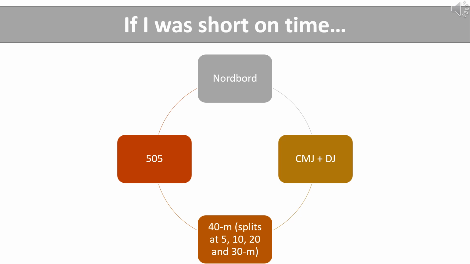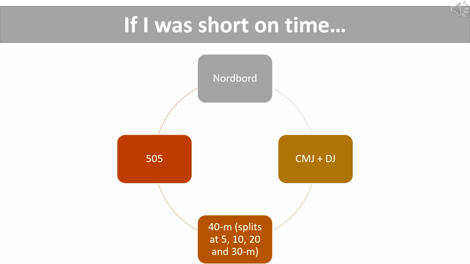And then if I had to choose just one change of direction speed assessment instead of my 45, 90 and 180 degrees, I'd probably choose the 505 change of direction speed test. One, because I'm confident in its usability and reliability, given the volume of research that's been conducted on it.